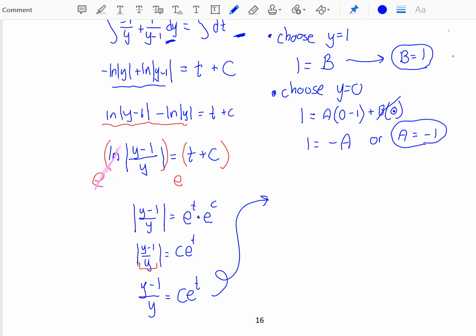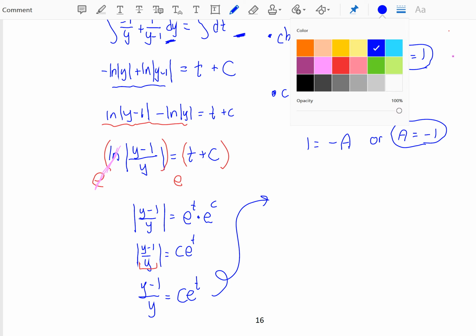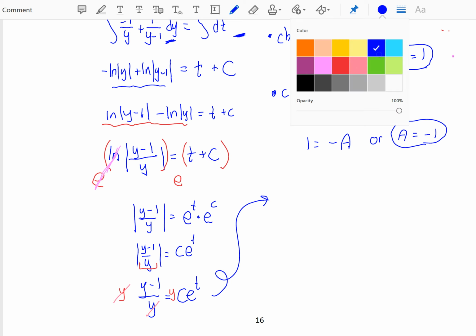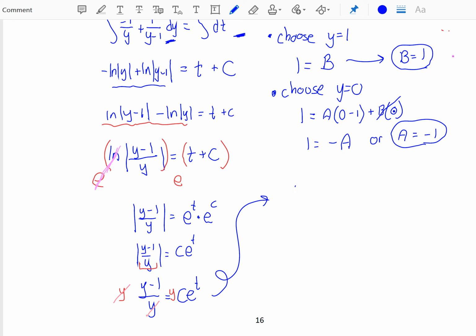Okay, let's continue to solve for y. To solve for y, I'm going to choose to multiply both sides of this equation by y so that these y's will cancel, which allows us to write this as y minus 1 equals y c e to the t.